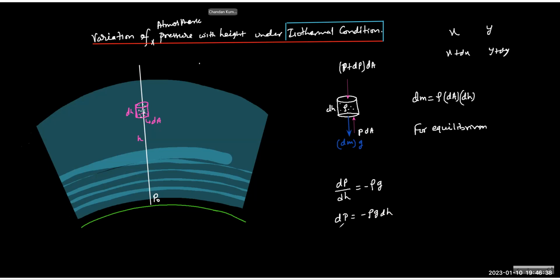So we want a variation of pressure. Density is also going to vary, but we do not want density, so we must eliminate this. This will be your first equation. The second will come from the actual gas. So the ideal gas equation at that location, what can we write, if you remember?